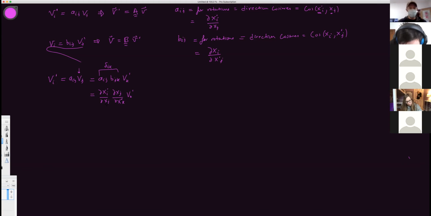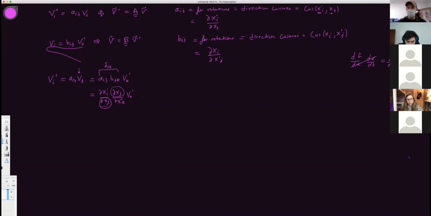Okay, so let's take a look at this. Now, by the rules of derivatives, you can see that this partial xj here and the partial xj here are going to sort of cancel each other out, right? It's kind of like if you have the chain rule, you have df dx, dx dt, and you say, oh yeah, this is just df dt, right? Same thing here.